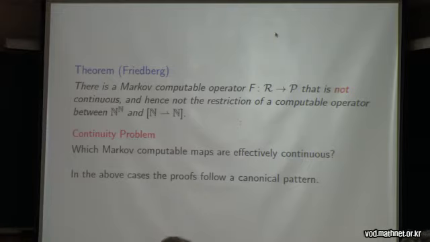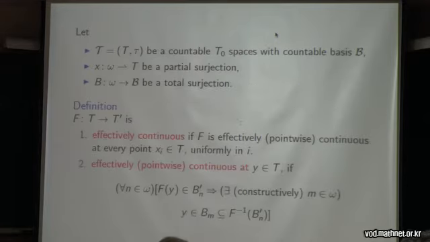So the question is, which Markov computable maps are effectively continuous? Now, if one looks at the proofs, all the proofs I mentioned so far follow a canonical pattern, which I want to explain next.